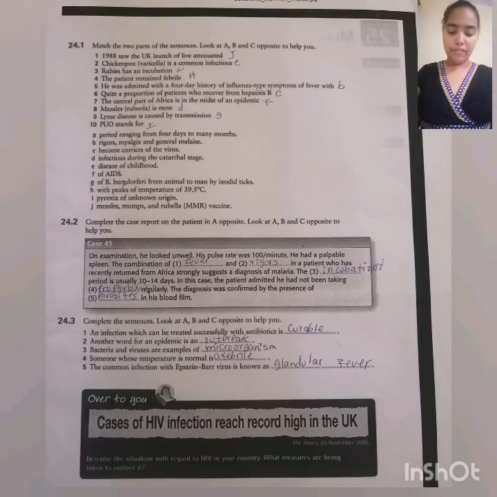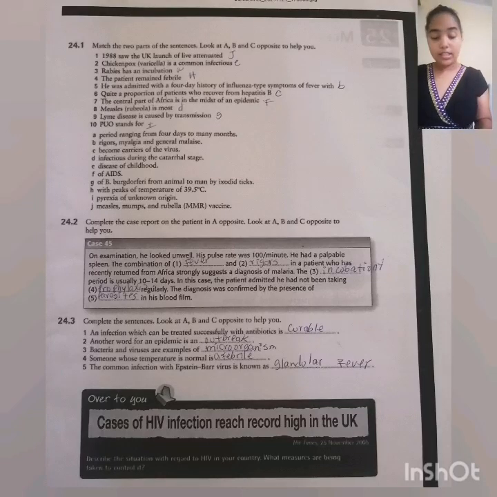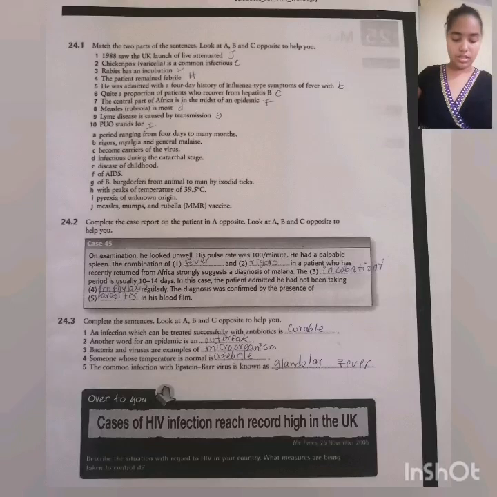The combination of fever and rigor in a patient who has recently returned from Africa suggests a diagnosis of malaria. The incubation period is usually 10 at 14 days. In this case, the patient admitted he has not been taking prophylactic regularly. The diagnosis was confirmed by the presence of parasites in his blood film.